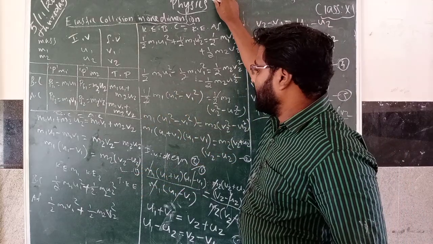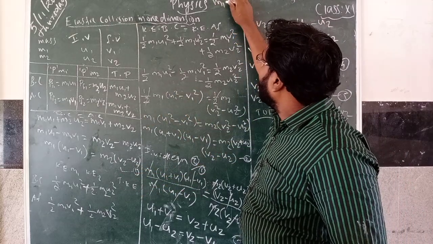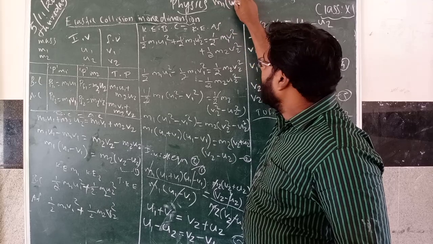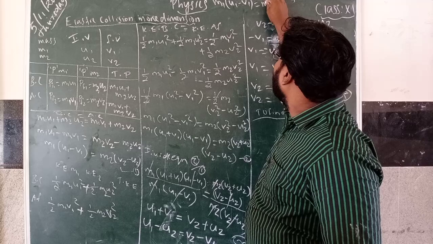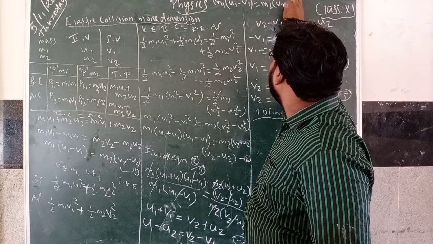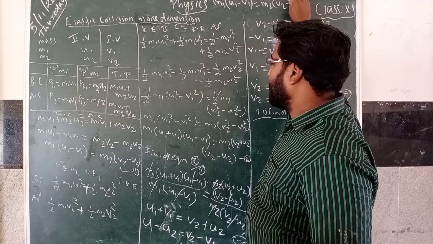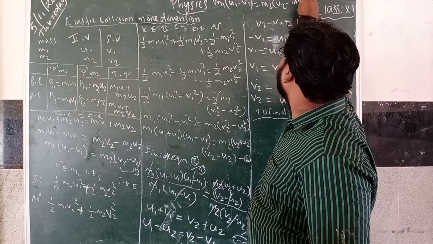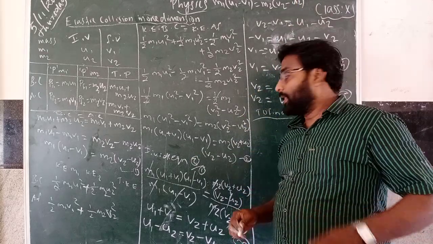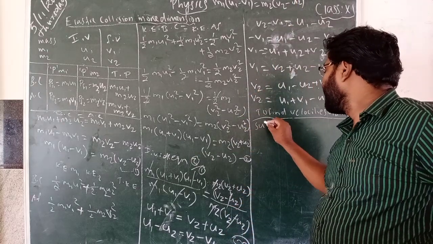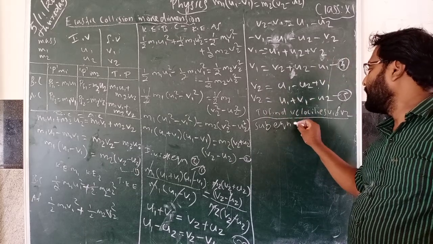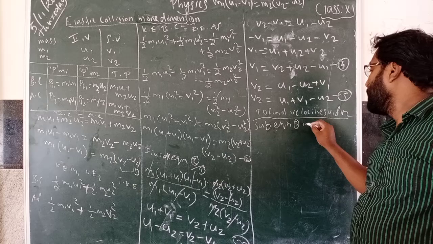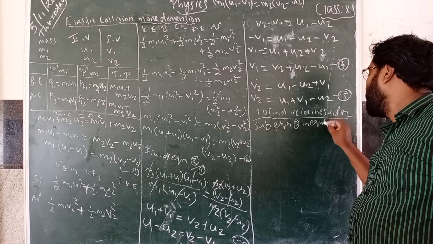So write here equation 1: m1 into u1 minus v1 equal to m2 into v2 minus u2. So substitute equation 5 in equation 1.